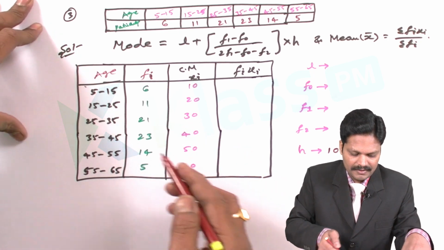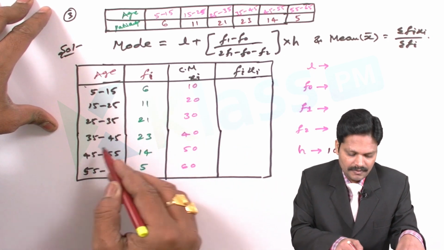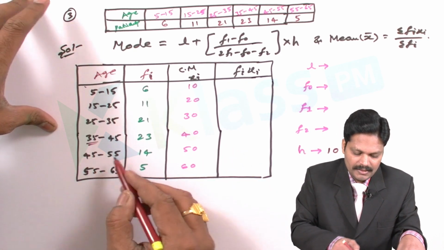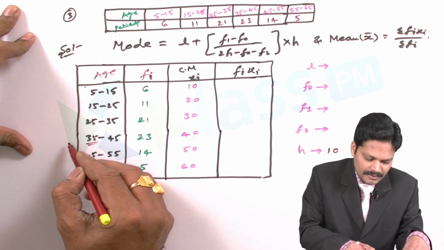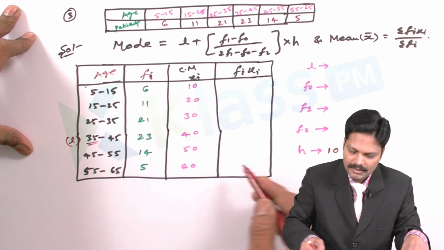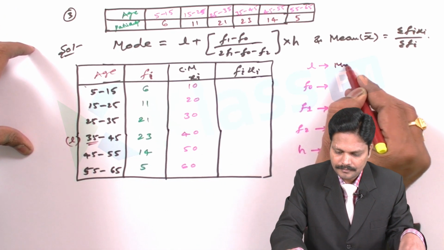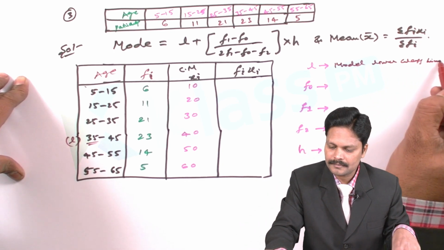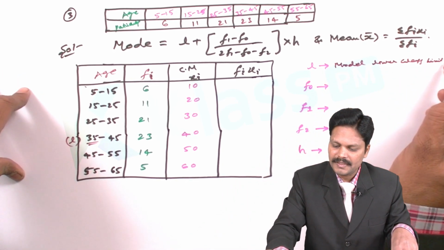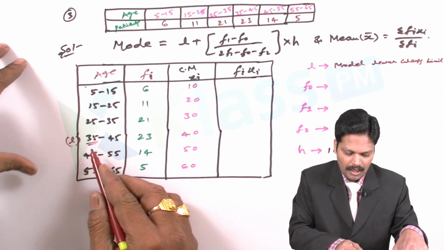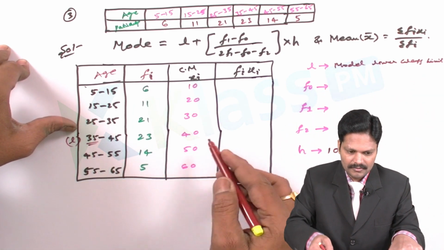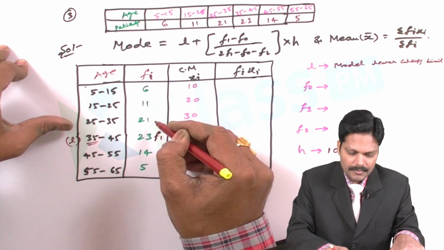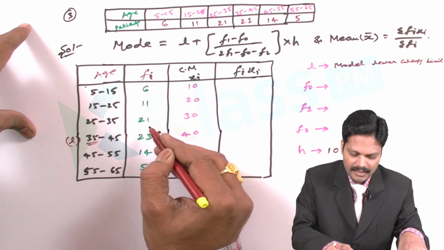Here the data is 35 to 45, where we are having more patients admitted. So we are taking 35 as the lower limit. This is the modal class lower limit, and we are taking it as L. After choosing that particular value, the frequency is the F1 we need to take, and the preceding and succeeding values we take.